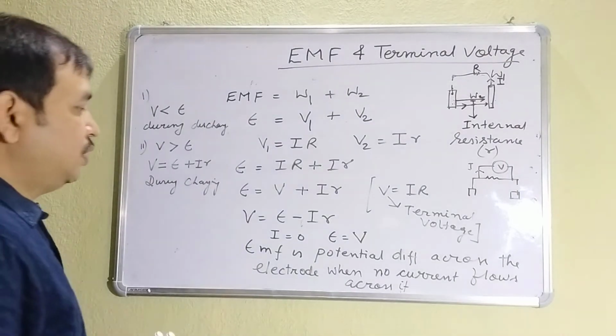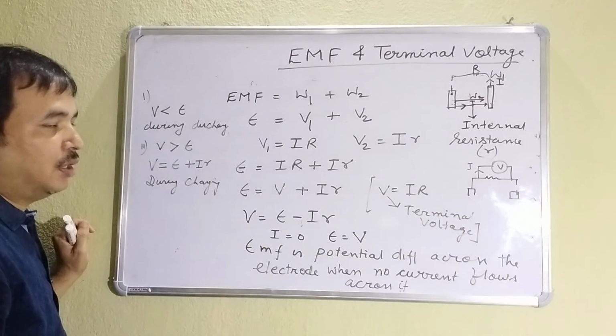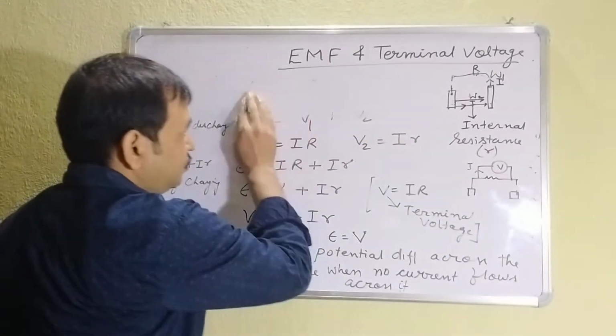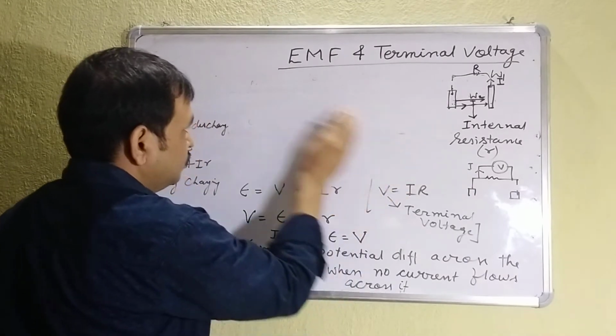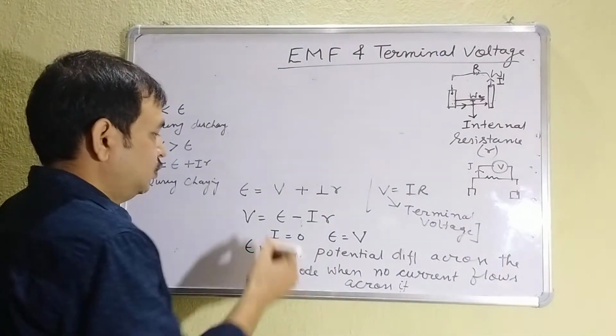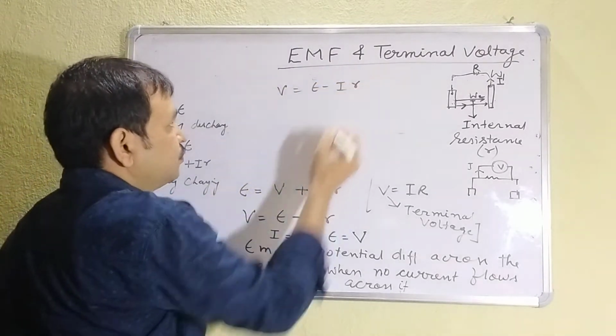Now we will derive one equation from that. That is very important. You can pause the screen and note it down. V is equal to E minus Ir.